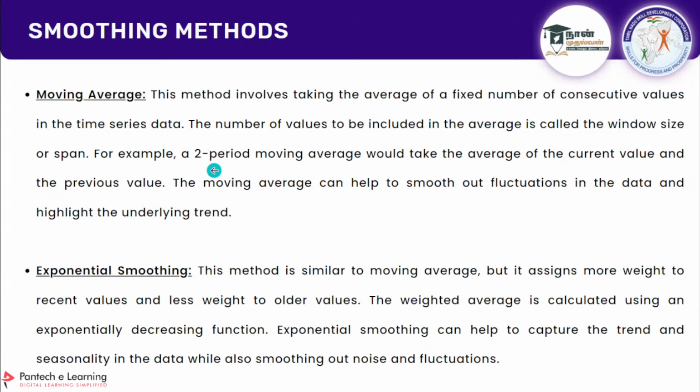If the window size is 3, then your first and second values are going to be null, and the third value will be the first plus second plus third value divided by 3, the average. What will be the fourth value? Fourth plus third plus second divided by 3. So it takes the previous 3, totally 3, based on the window size. It keeps on moving so that it helps you smooth out the fluctuation in the data and highlight the underlying trend.